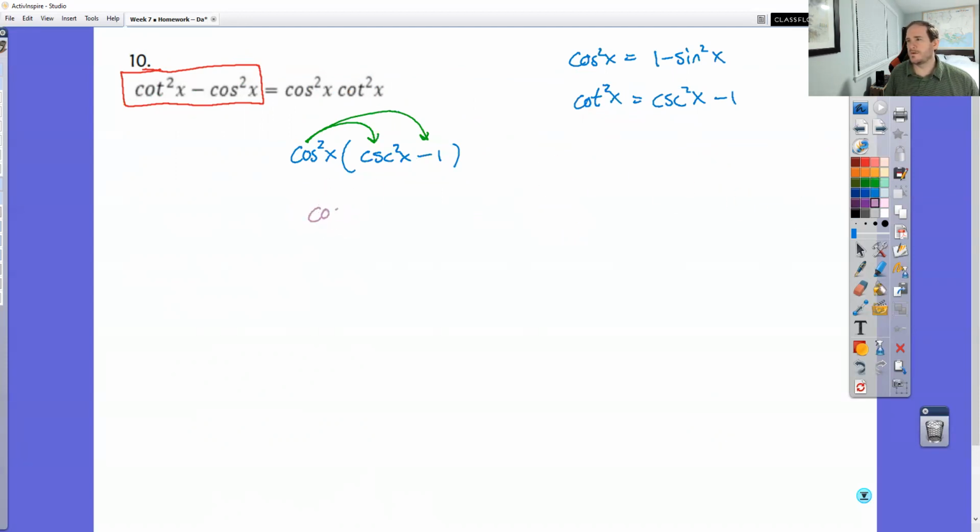Because when you distribute to get the cosine squared times cosecant squared minus cosine squared, the cosecant squared, remember, is 1 over sine squared. So this can become cosine squared over sine squared minus cosine squared. So that is, in fact, cotan squared.